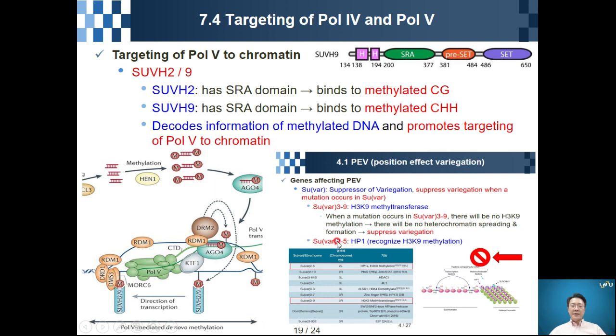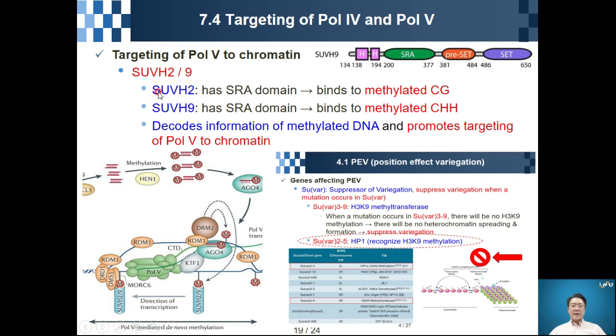This protein can recognize H3K9 methylation, so it decodes information of the methylated histone. SUVH means Suppressor of Variegation homologous, and their function is nearly similar to SU(VAR)3-9.